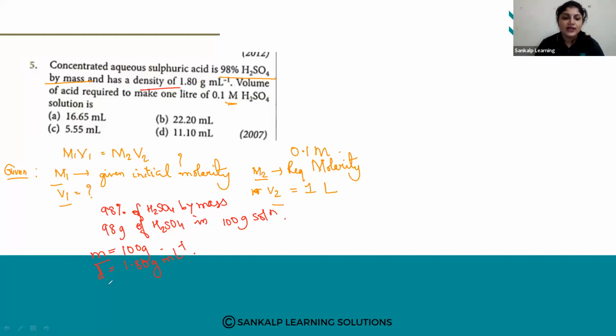Now, if we know mass and density, can we find out volume? The volume of solution is mass upon density. Mass is 100, density is 1.80. So just solve.